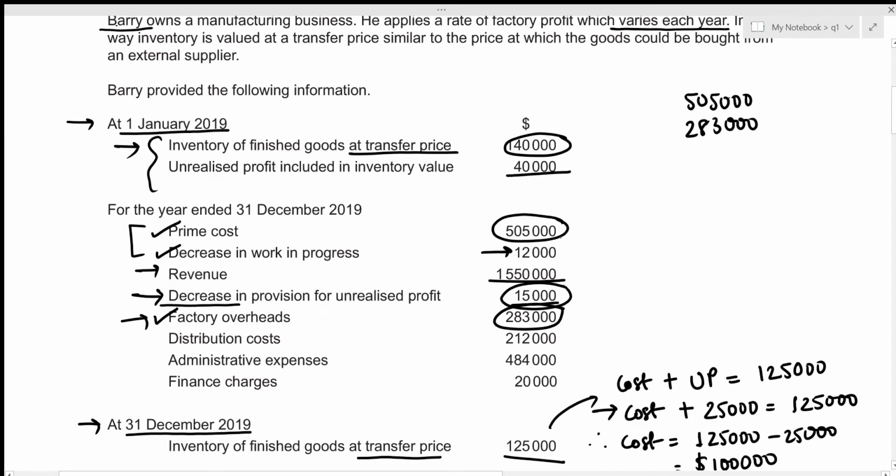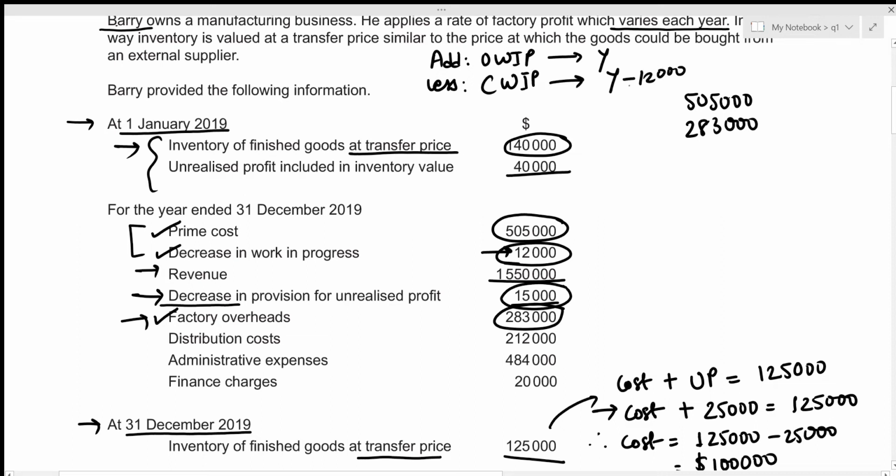Okay, so if we remember the format of our manufacturing account correctly, after these two, prime cost and the indirect cost, we then add the opening work in progress and then subtract the closing work in progress, right? So if we know that the closing work in progress has decreased by 12,000, then suppose that our opening work in progress had the value of y, then our closing work in progress will have the value of y minus 12,000, right?